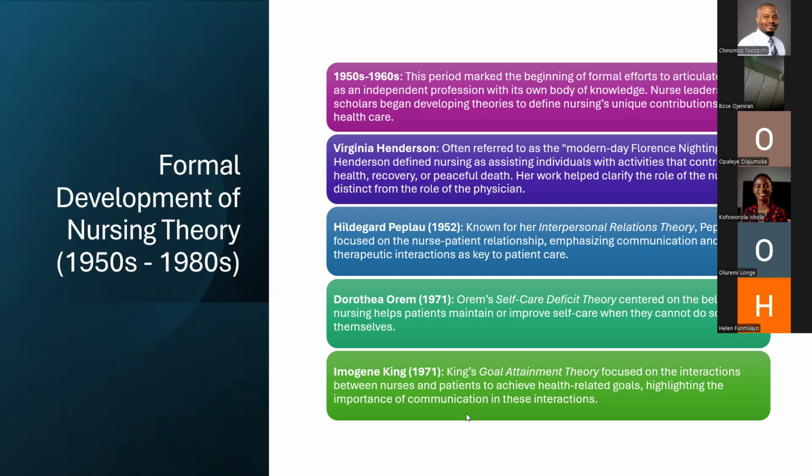There are three nursing actions that we do: wholly compensatory, partly compensatory, and supportive education. Wholly compensatory is for when the patient is not able to perform those activities at all, the nurse will be there to do those activities for the patient.